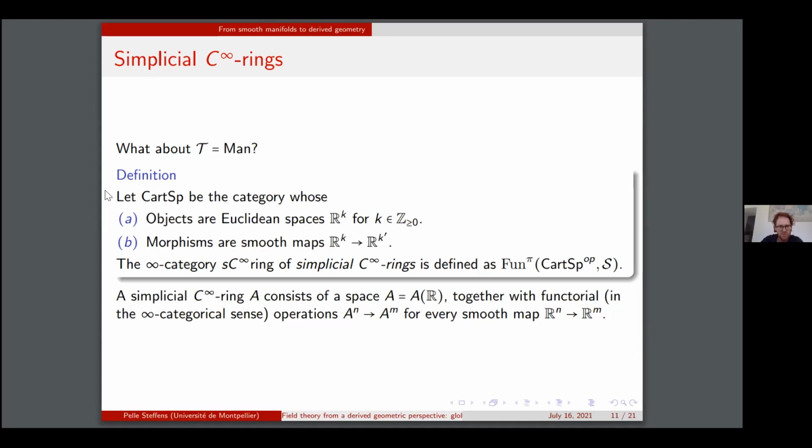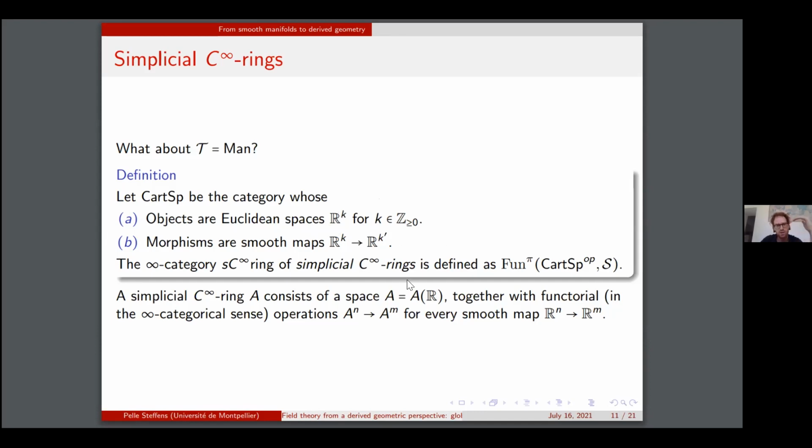So we're going to make a very similar definition to this poly K category. We define Cartesian spaces as the category whose objects are Euclidean spaces R^k for k greater or equal than 0, and morphisms are all smooth maps. And then we can do exactly the same procedure.